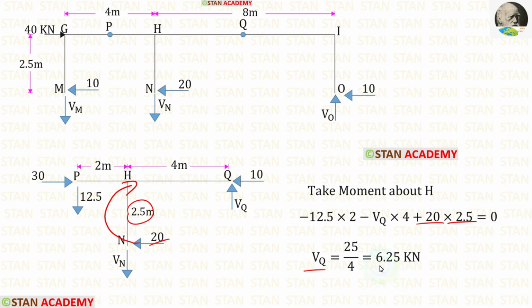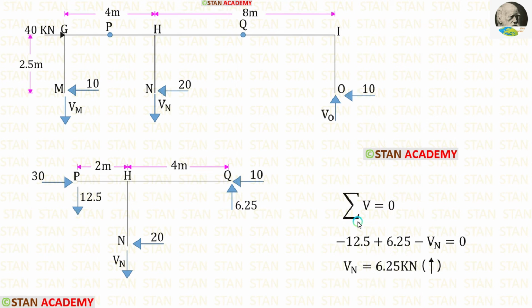Finally, for VQ, we are getting 6.25 kN. When we take moment about H, we should not consider these three forces because these three forces don't have perpendicular distance. Now let us apply the rule sigma V equals 0 and find out VN.